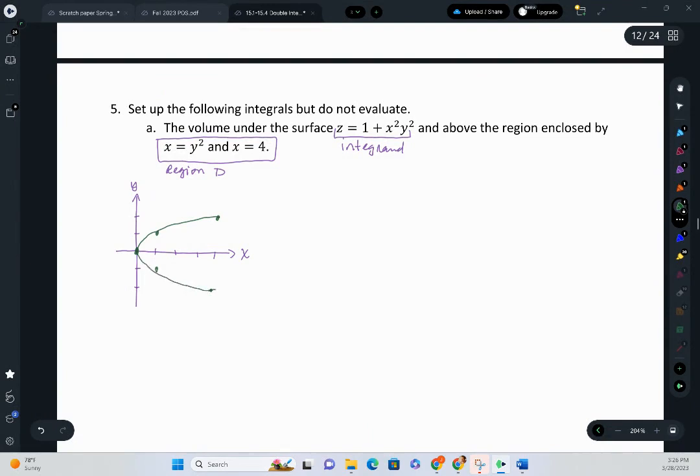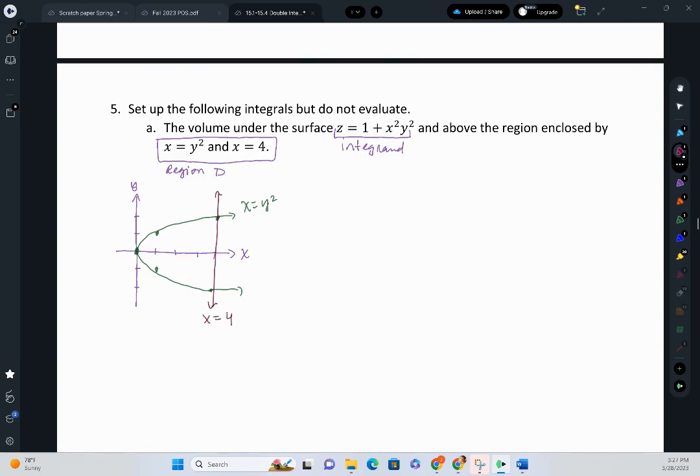So that's one of the equations. This is x equals y squared. And then we're also told that x is equal to 4, which is a vertical line going through 4. Okay, so looking at this, I can see what is being bound here is between that vertical line and the sideways parabola. So that's going to be my region D that I need to integrate over.